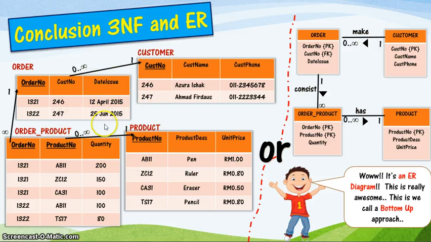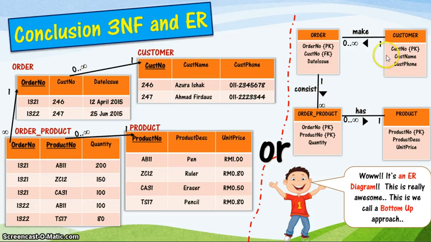So actually it is the transformation from the ER as we learned before. You can make it like this: customer number as a PK, customer name, customer makes order, order consists of order product, and order product has products. You can see it tallies with the relations in this draft.